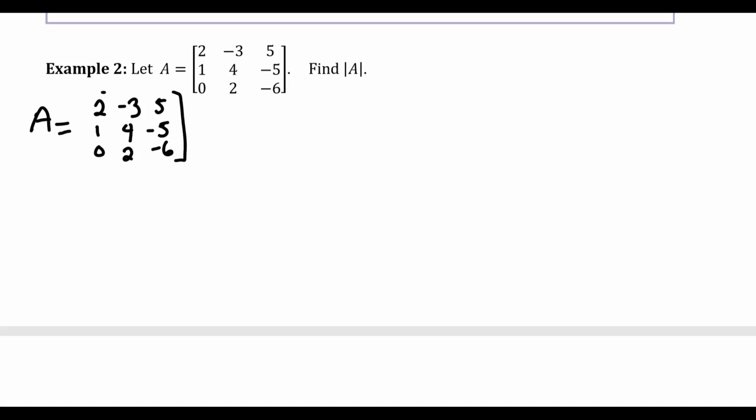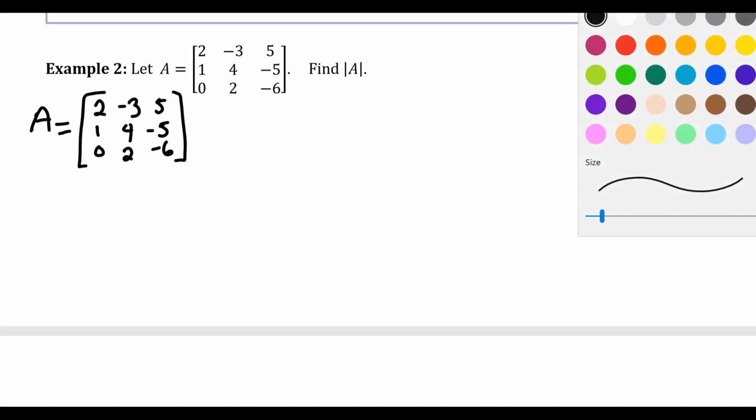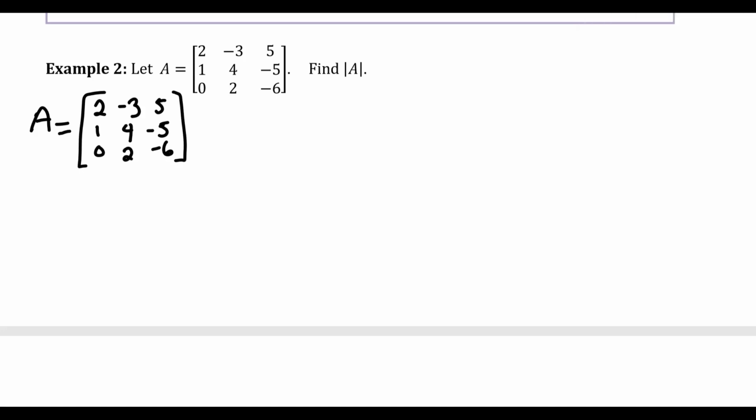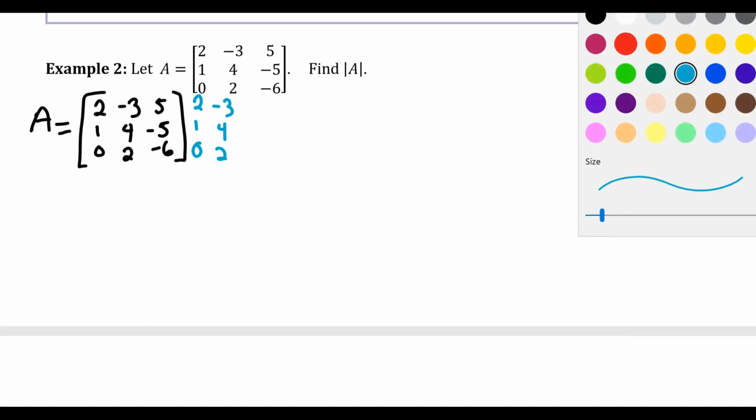So here's my matrix, and then I'm going to repeat these first two columns: 2, 1, 0, -3, 4, 2. Now I can find the determinant a little bit easier.